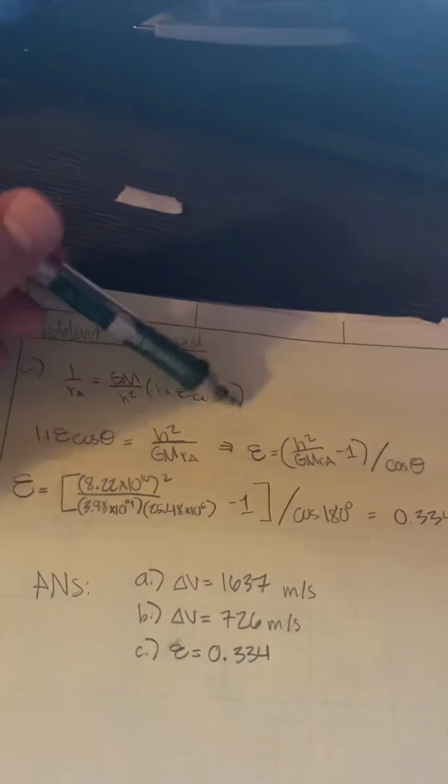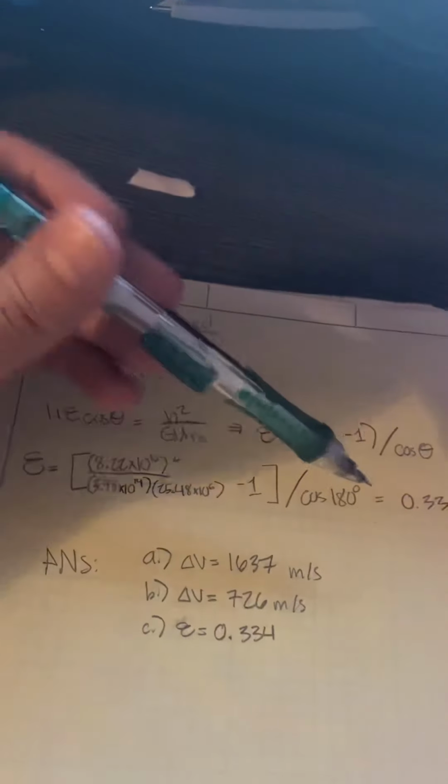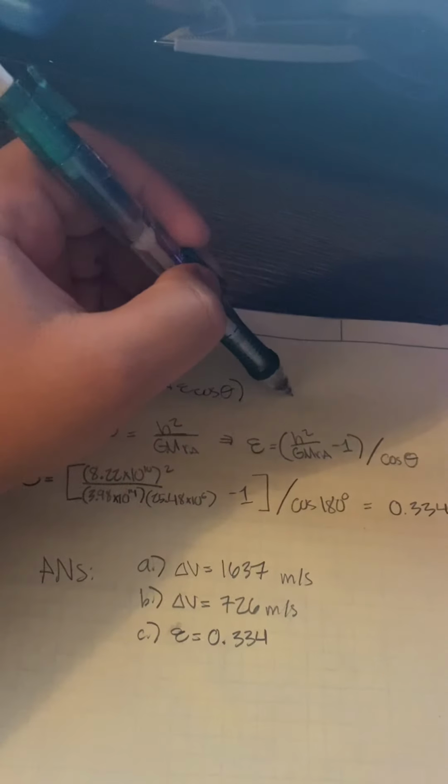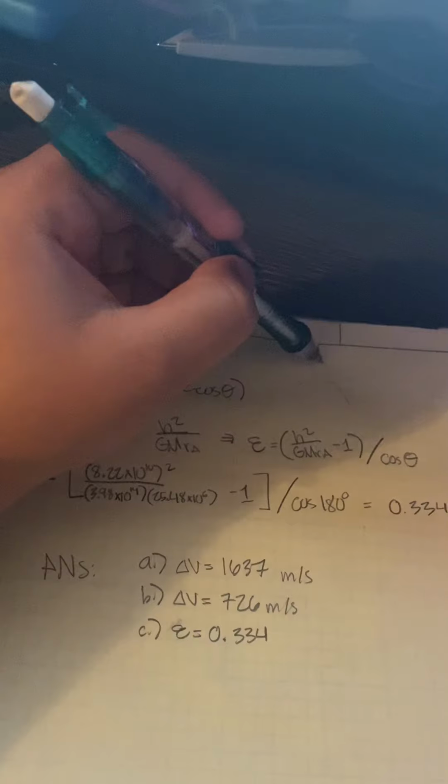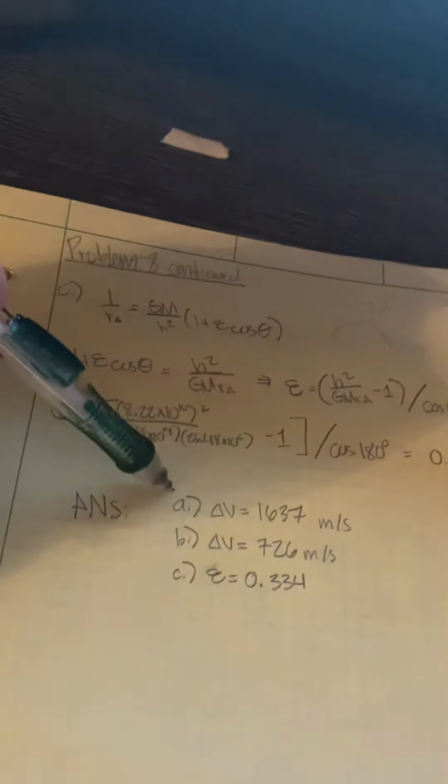We know the angle, which is just 180 since it's from one point to another in the horizontal direction. So I'm assuming this is 180. But all you really have to do is get this symbol by itself. That's what I did. Plug in the values, and you're left with 0.334. And these are our final answers for this problem.